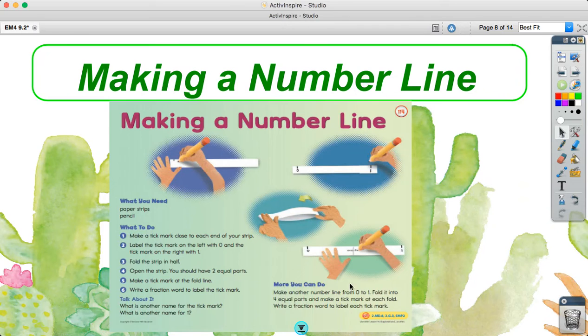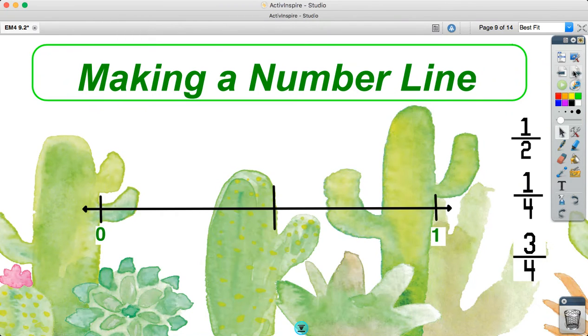We're going to review the more you can do on the next slide. Here's my number line. I marked my 0 on the left and my 1 on the right. We already put the 1/2 in the middle.